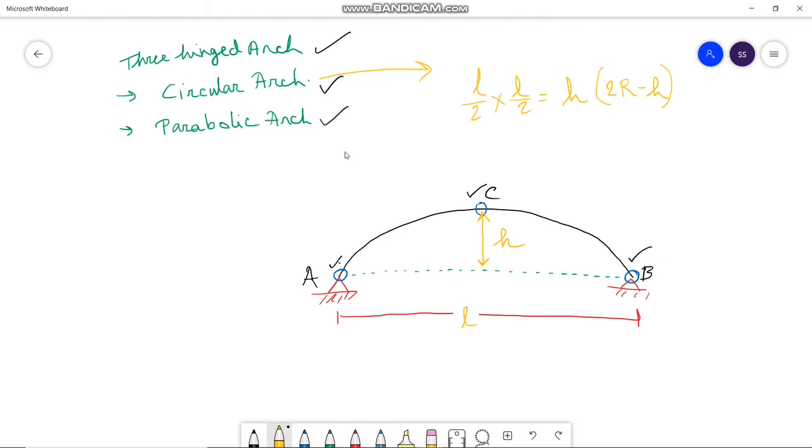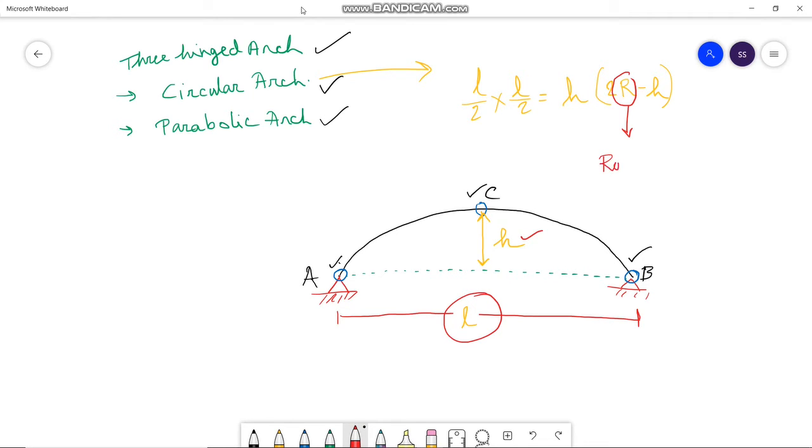This equation can be used in analyzing the circular arch, where L is the span of the arch, H is the height of the crown, that is the topmost point of the arch, and R is the radius of the circular arch.